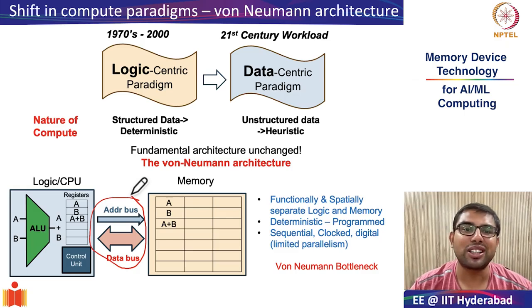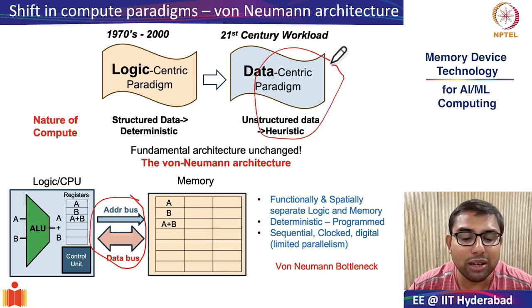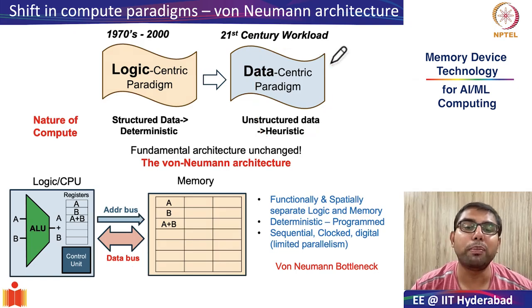Why do we care about the brain? Because all your AI/ML algorithms are also inspired by the computational infrastructure of biological computing. So there we saw a fundamental mismatch between the data-centric paradigm and how the von Neumann architecture is built.